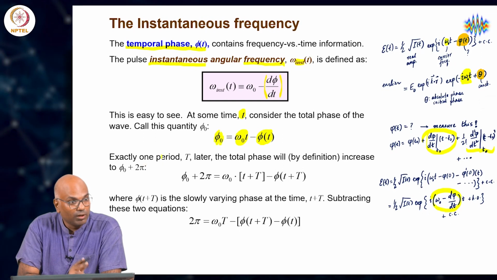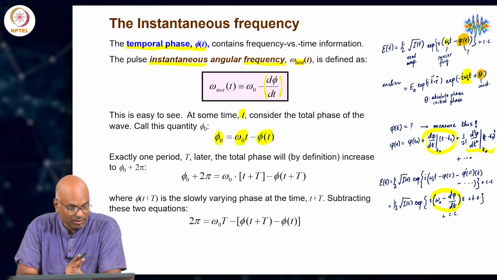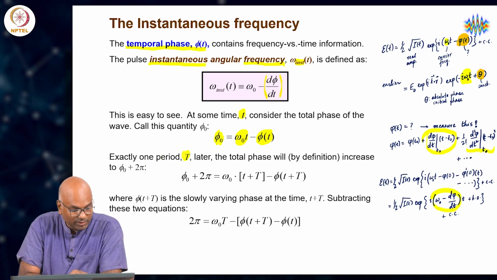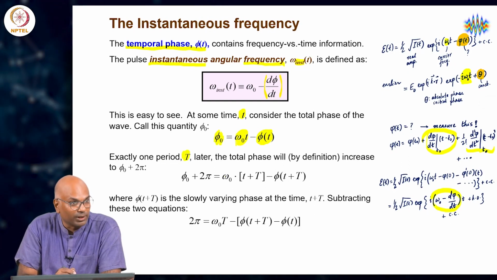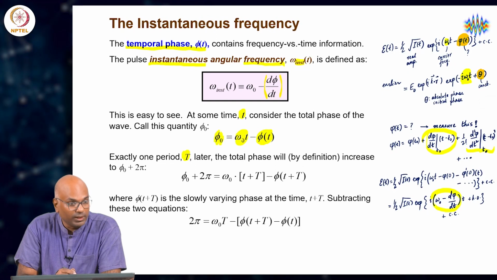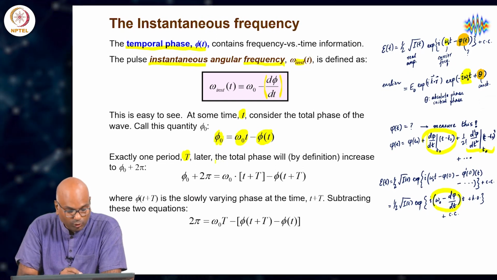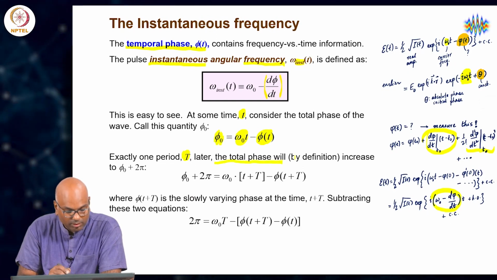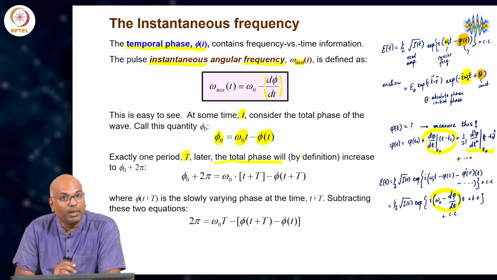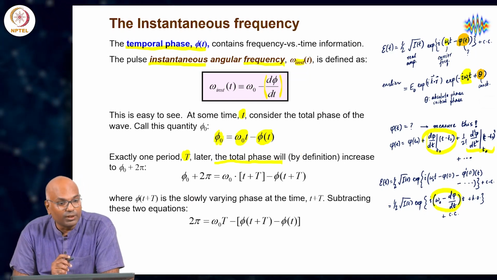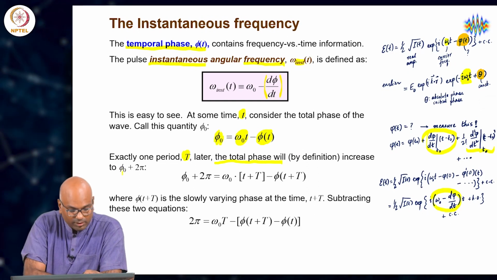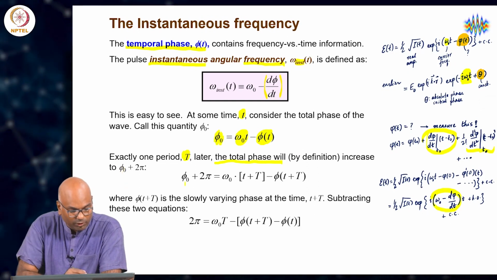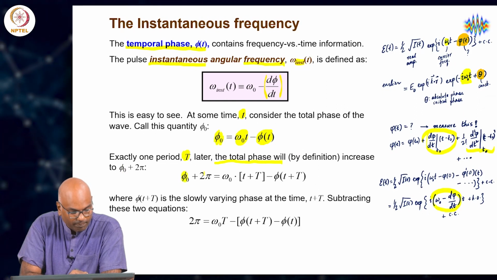one wave period later, the period being the period as we knew, considering only the carrier frequency omega. One carrier period later, the total phase, by its very definition, will increase to phi naught plus 2 pi.